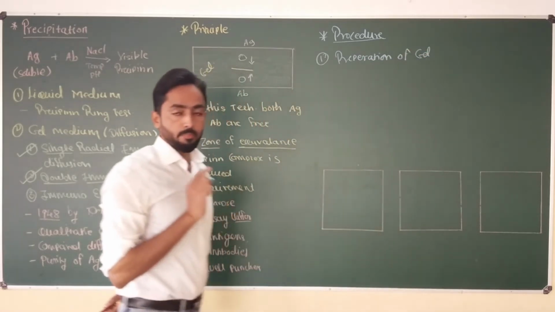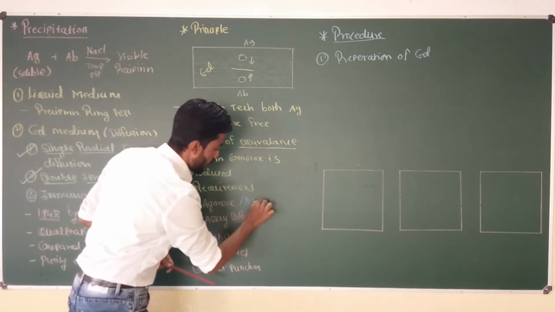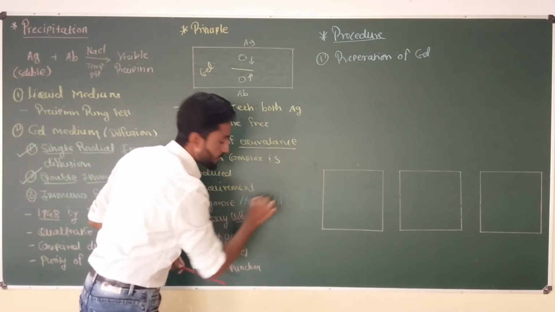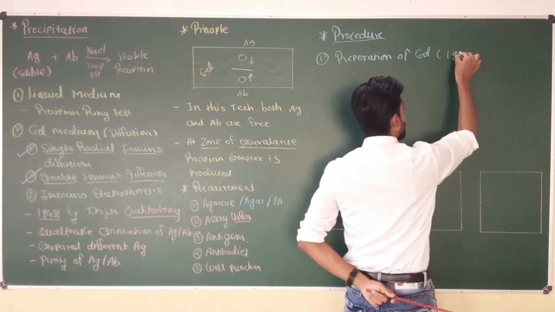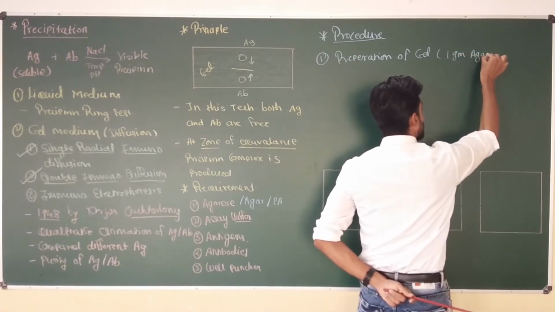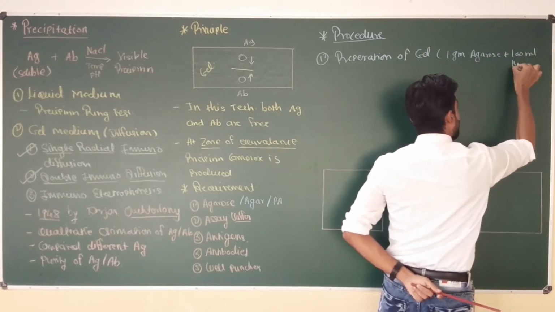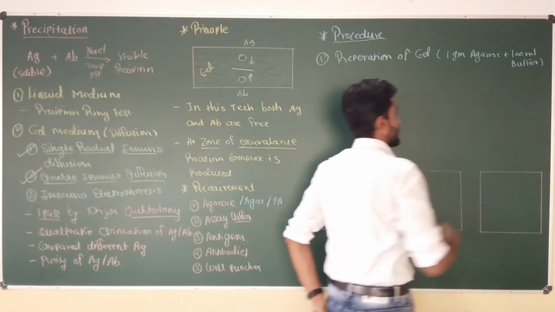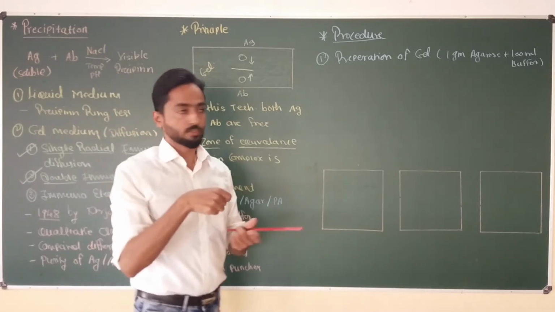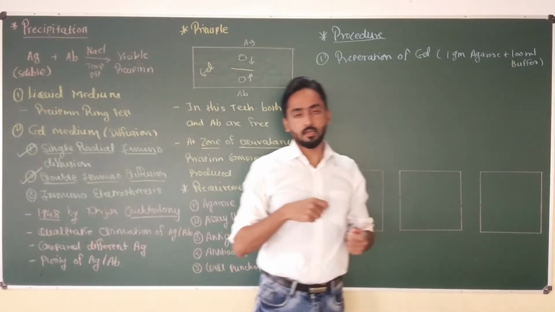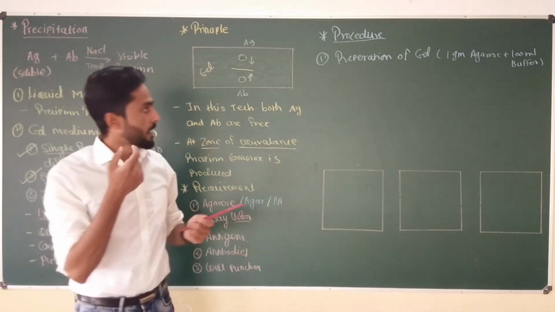You can prepare gel of agarose, agar, or polyacrylamide by dissolving 1% or 1 gram of agarose powder in 100 ml buffer. So you just weigh 1 gram agarose and add it to 100 ml assay buffer, and initially the solution will appear blurry.